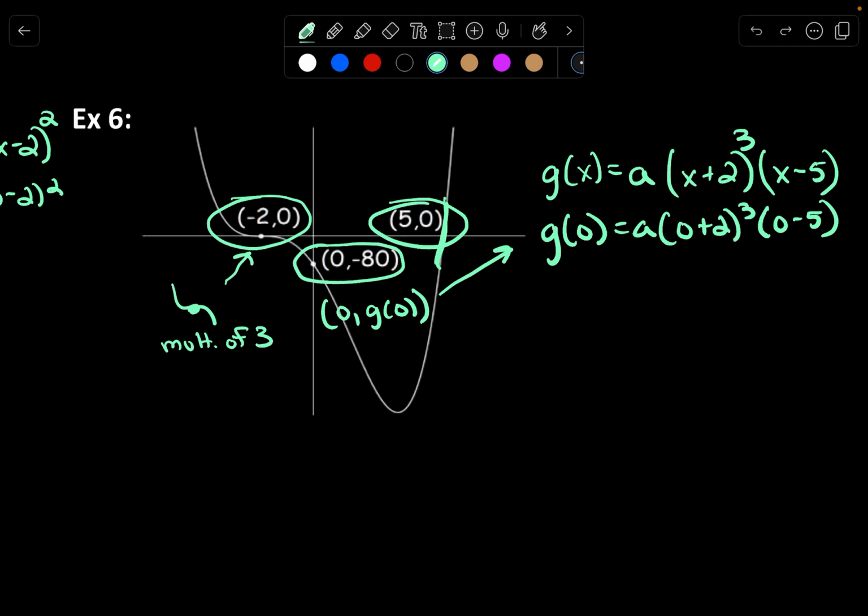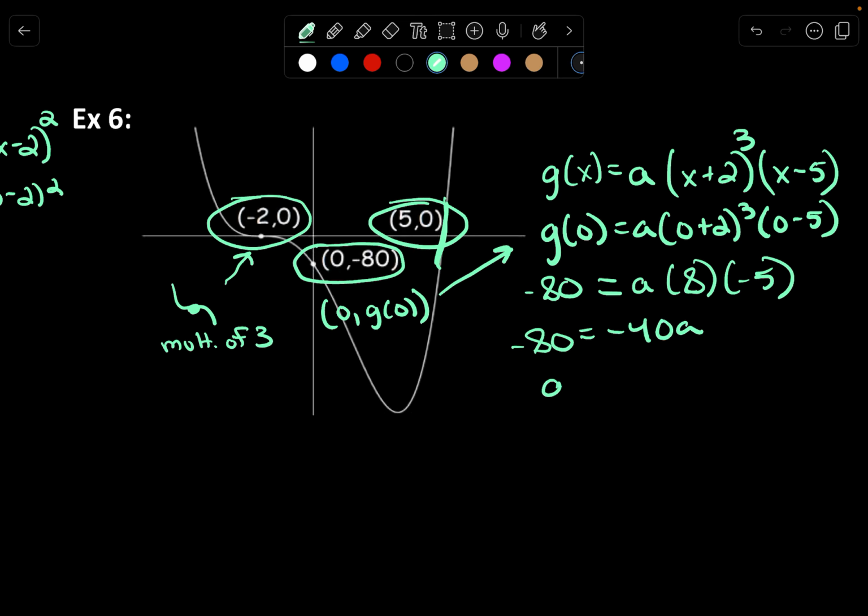Now, because my input is still 0, I can just continue from where I left off. But we need that -80, so I'm going to write that in. So we have -80, and then a, 2 cubed is going to be 8, times -5. So we have -80 is equal to -40a, which means a is equal to 2.